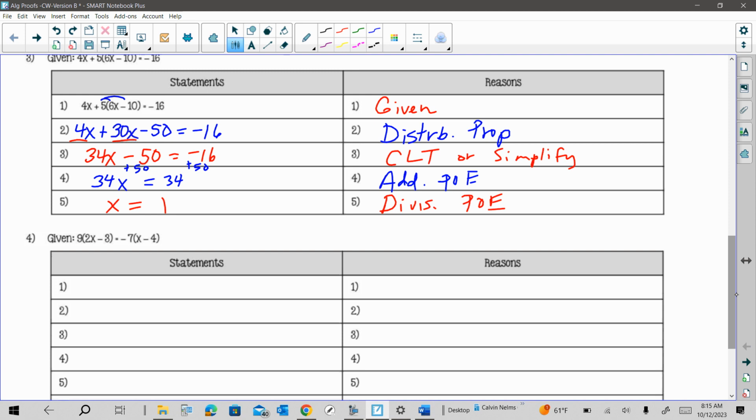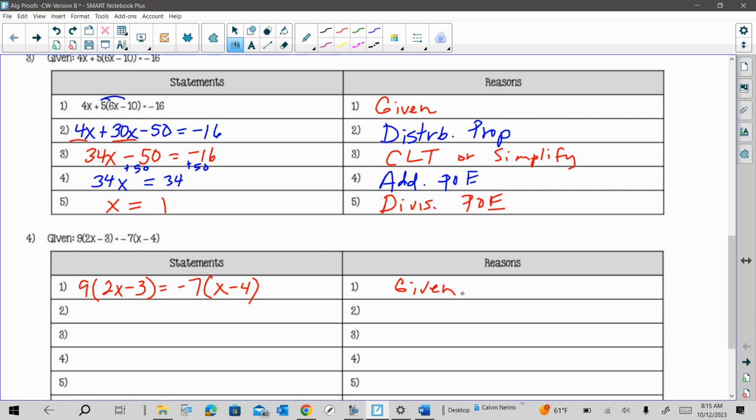So here, now we're going from giving you little pieces to see if you can start and finish a proof on your own. So always the first statement is the given equation here. So we're going to have 9 parentheses 2x minus 3 equals negative 7 parentheses x minus 4, and our reason is given.